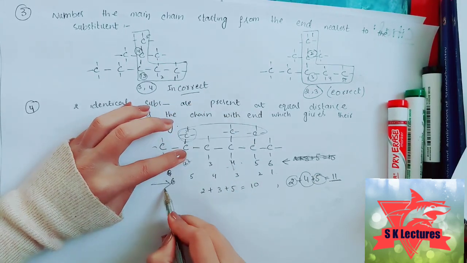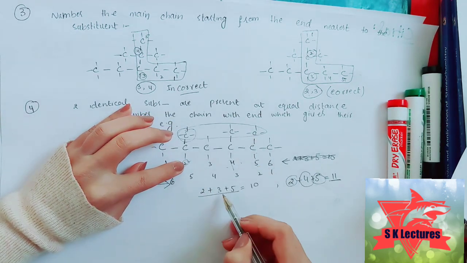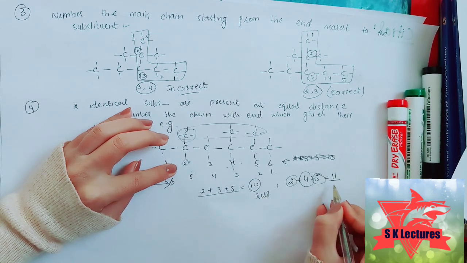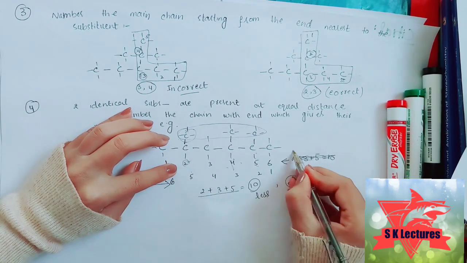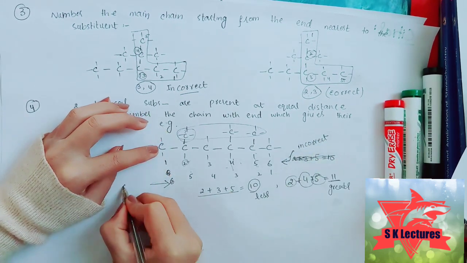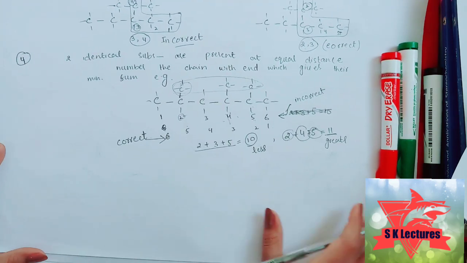But in the second case, the substituents are on 2, 3 and 5 positions, so their sum will be 10, which is less than the first numbering. So the second numbering will be correct, which gives us the minimum sum.